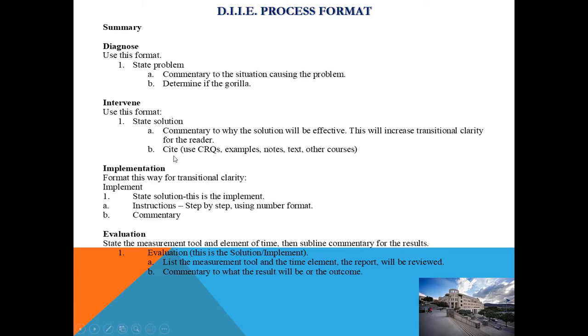You cite your examples, and that's in the chapter learning objective questions, and that is the most effective way for me to see that you're applying what you're learning. When it comes to using the DIIE process format, this analysis tool to solve problems, to apply what you're learning in business writing, business communication, you will cite the solution and then the implementation and the evaluation.